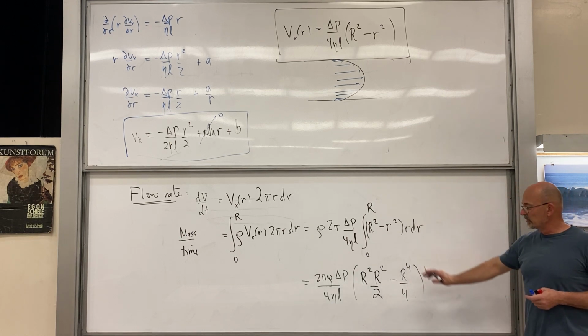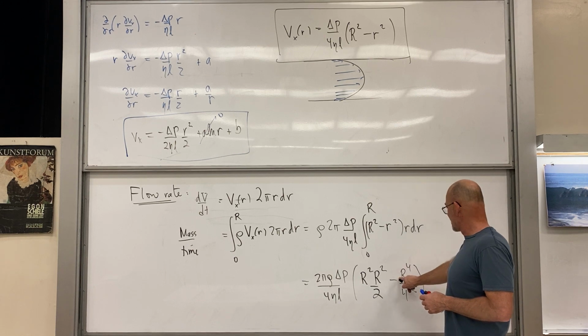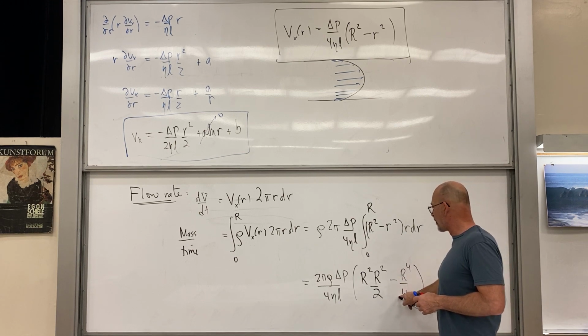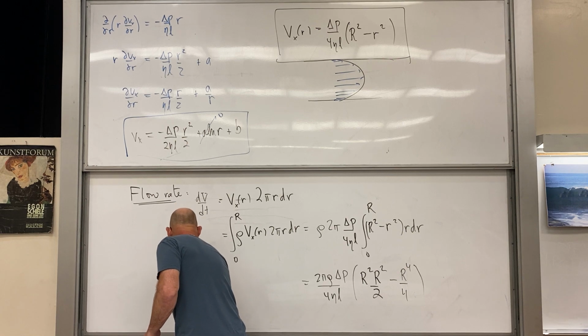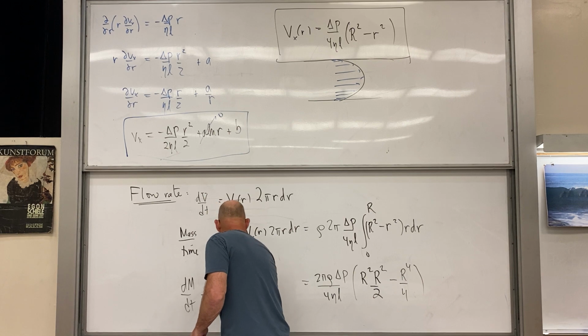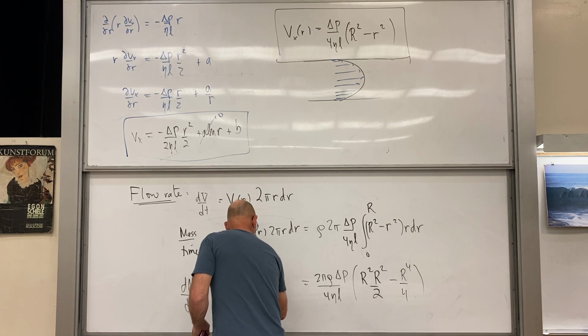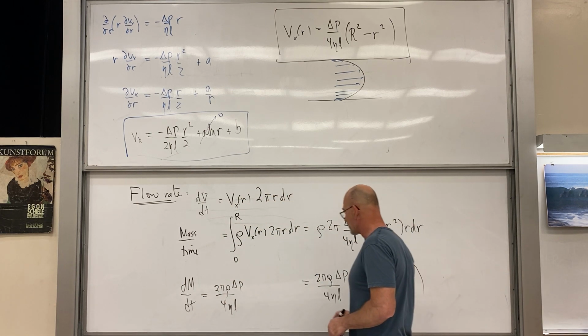And when we get all of this, we're going to have R to the 4th over 4. So what are we going to get? dm dt equals 2 pi rho delta p over 4 eta L, R to the 4th over 4.